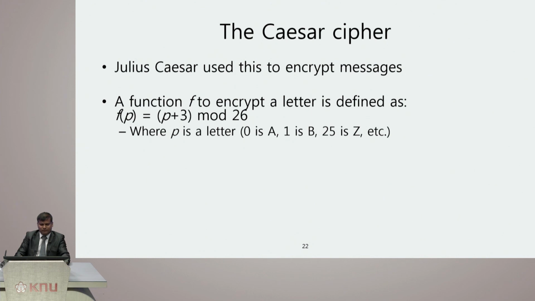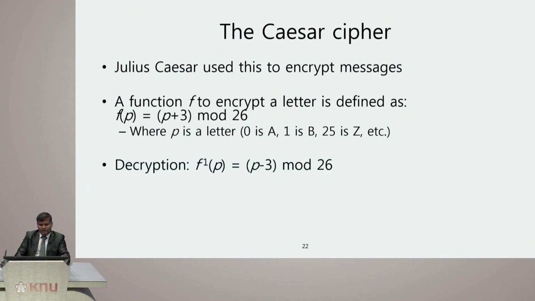We have the function f(p) = (p + 3) mod 26, where p is the letter: a is 0, b is 1, and c is 2. Likewise until all the alphabets, so z is 25.